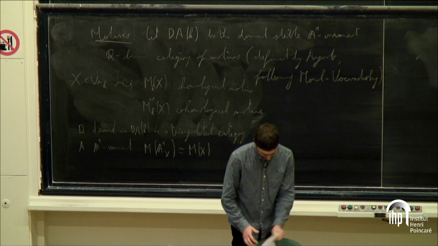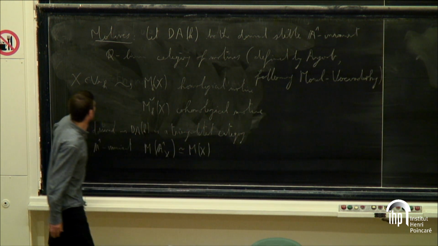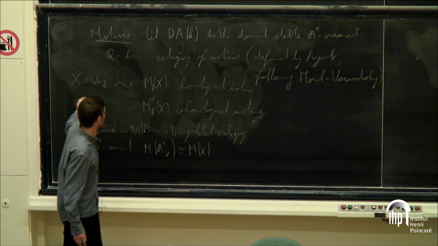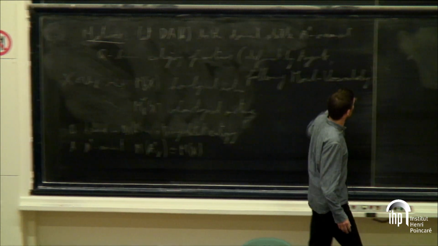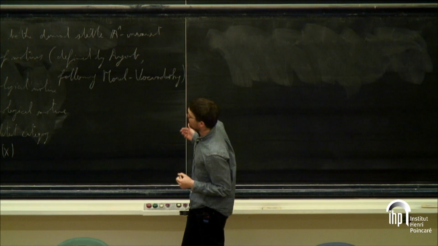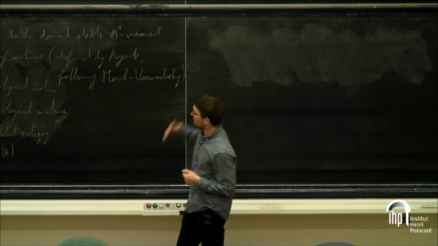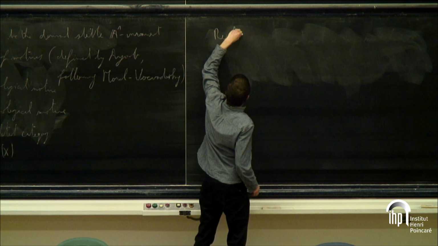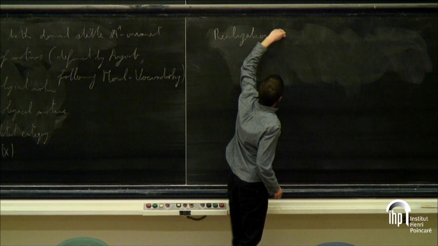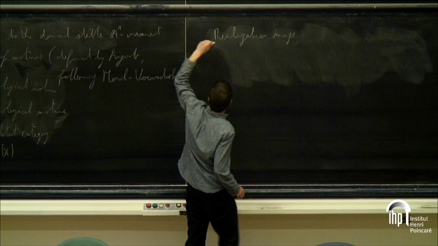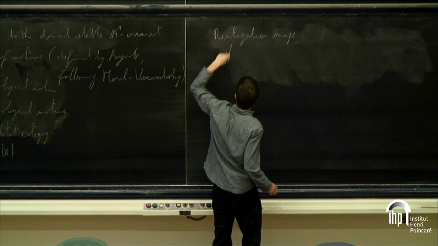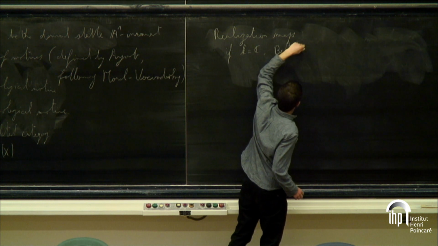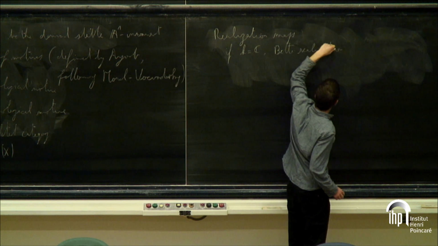Okay, and so from this, as soon as you know the motive, you know, for example, if K is C, the Betti cohomology of X. Formally, we have some realization maps from the category of motives to various categories. Just an example: if we take K to be C, we have the Betti realization.